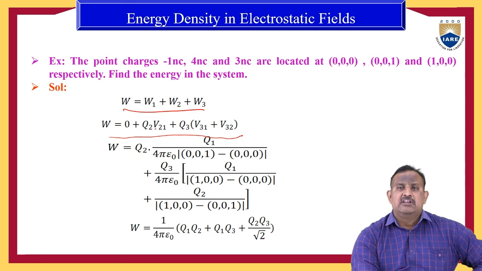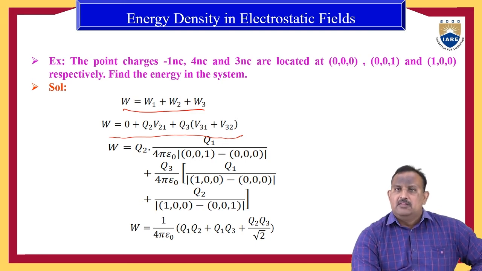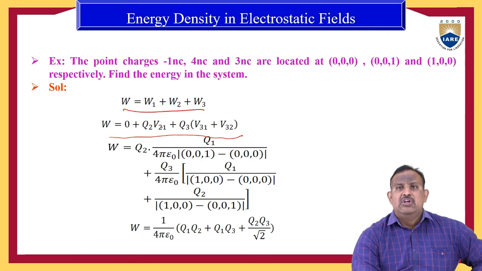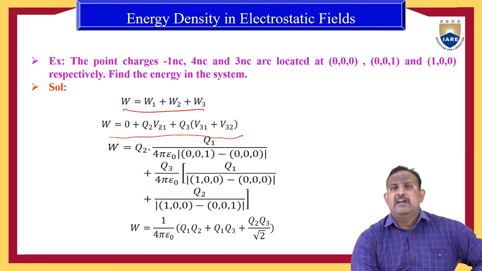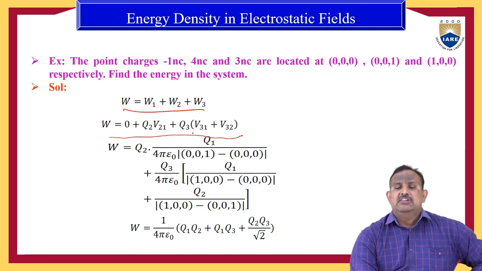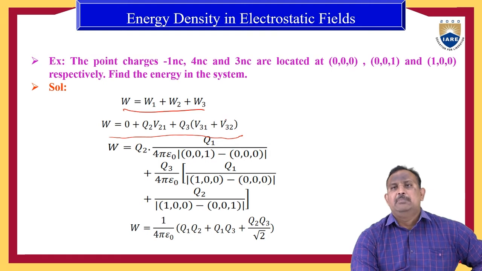The second one is the work done required to move point charge Q2 from infinity to point P2, which is Q2 into V21, where V21 is the potential at point 2 due to the point charge Q1. Similarly, the third one is the work done required to move point charge Q3 from infinity to point P3 in space.